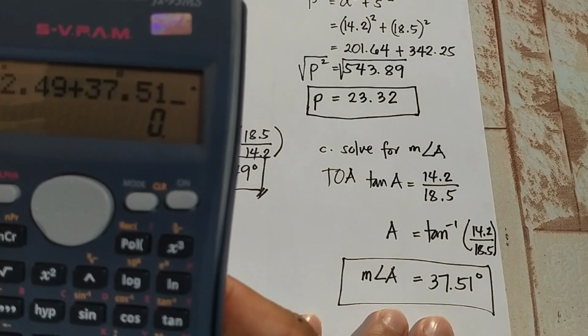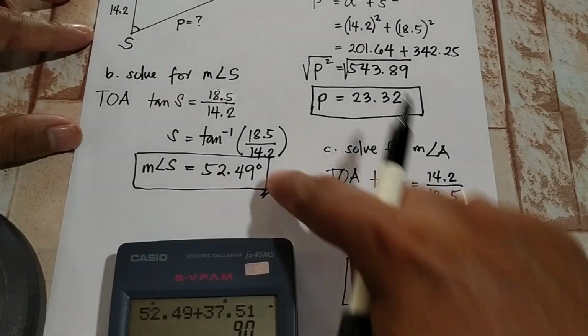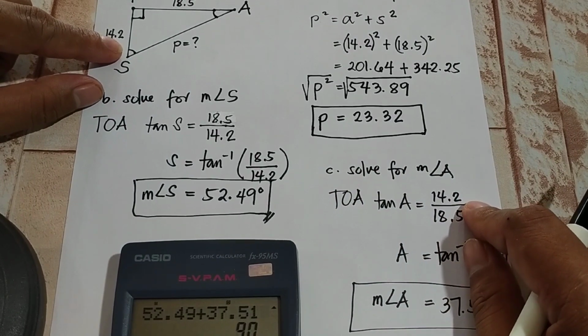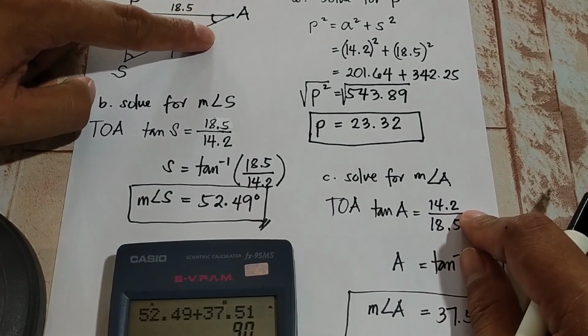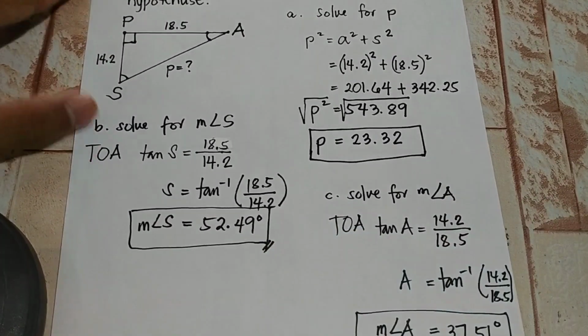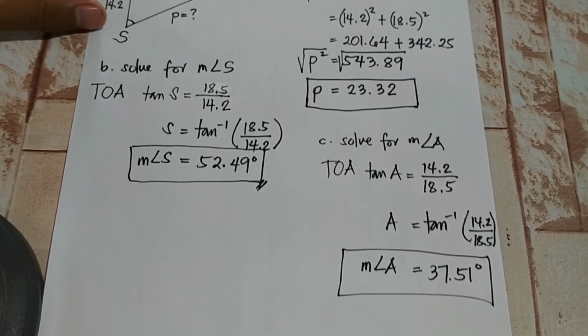It comes up with 90. Alright, so we are correct: the measure of angle S is 52.49 degrees and the measure of angle A is 37.51 degrees. Okay, so again, that's it.